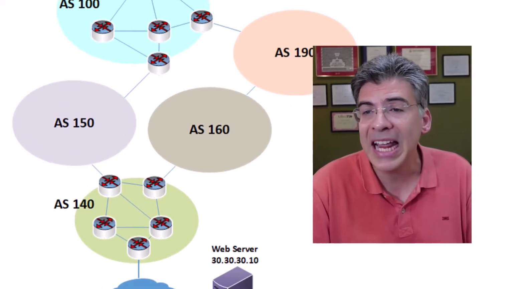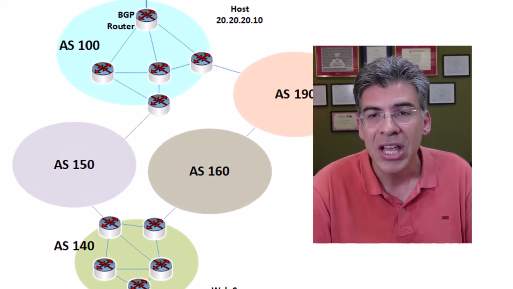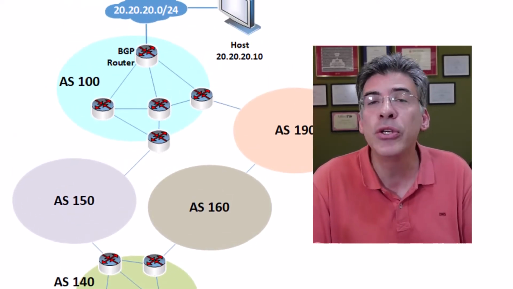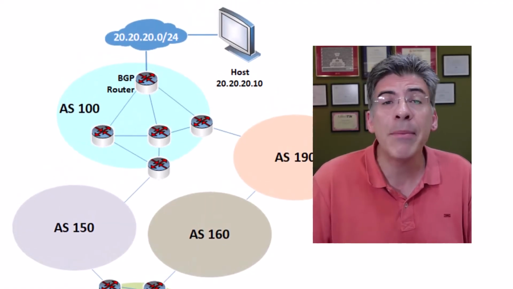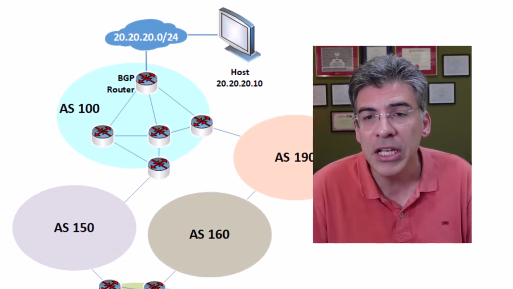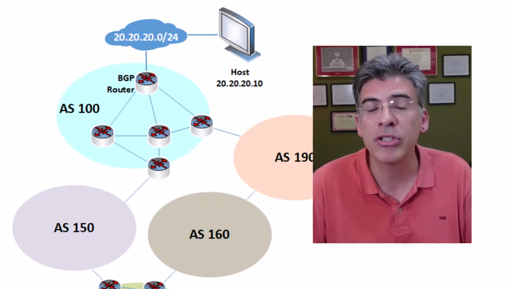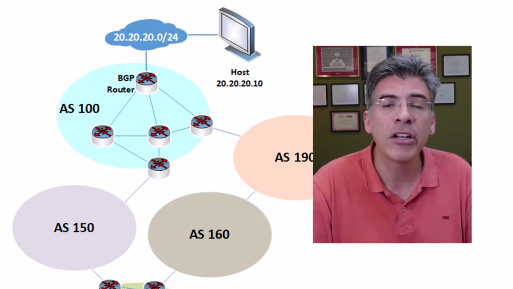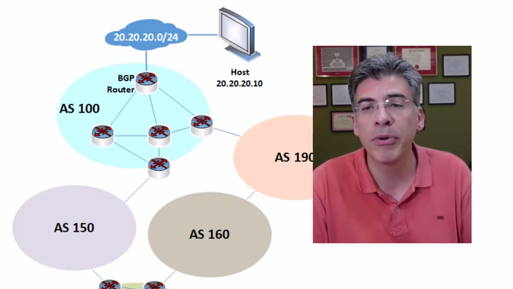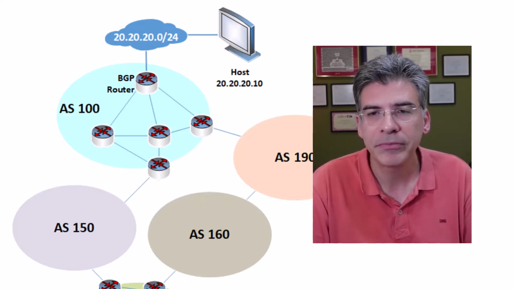Also included within ASs are all the hosts, the end devices, the end users that are connected to the worldwide internet. For example, the device that you're watching this video on actually belongs to a particular AS, probably the one that is provisioned by your ISP or your corporate or enterprise network.